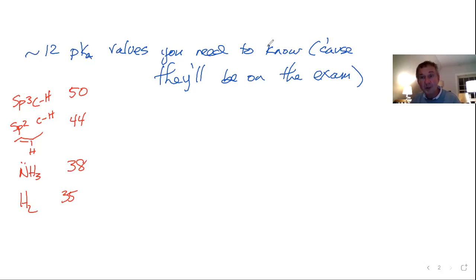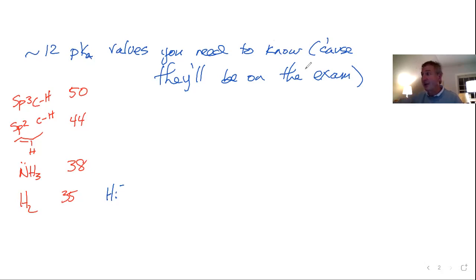And the reason I want you to know that is the effect of that: the conjugate base, the hydride, is incredibly basic and is used in organic chemistry a lot to extract protons from other things.